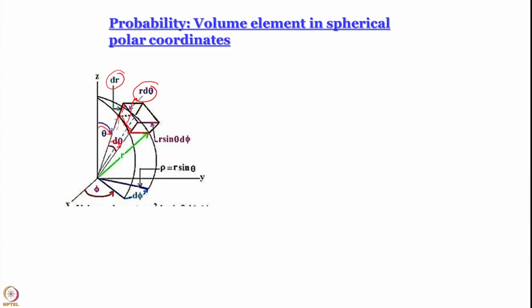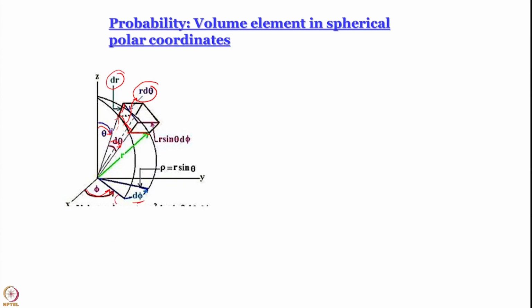To get this volume element, we should go down to the xy plane, because that is where phi is defined. This angle is phi, the angle between the projection of the position vector in the xy plane with the x axis. So, we increase that angle by a small amount d phi.